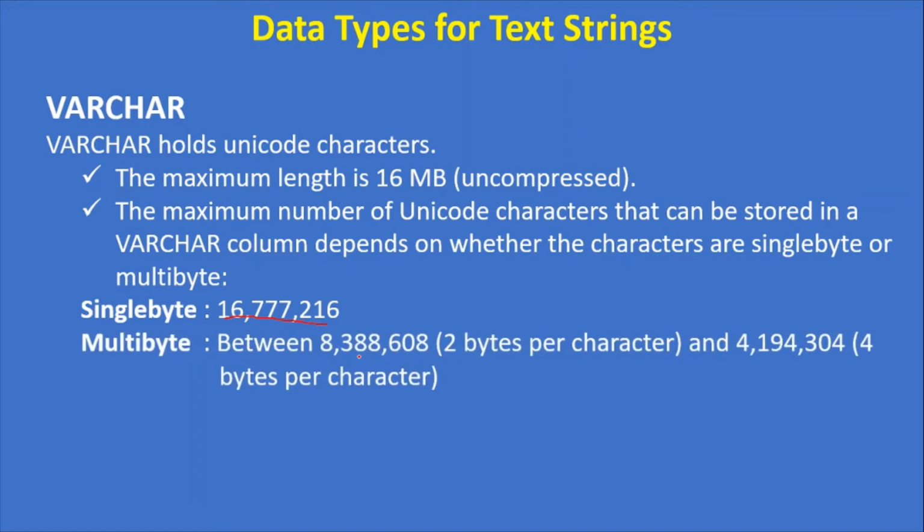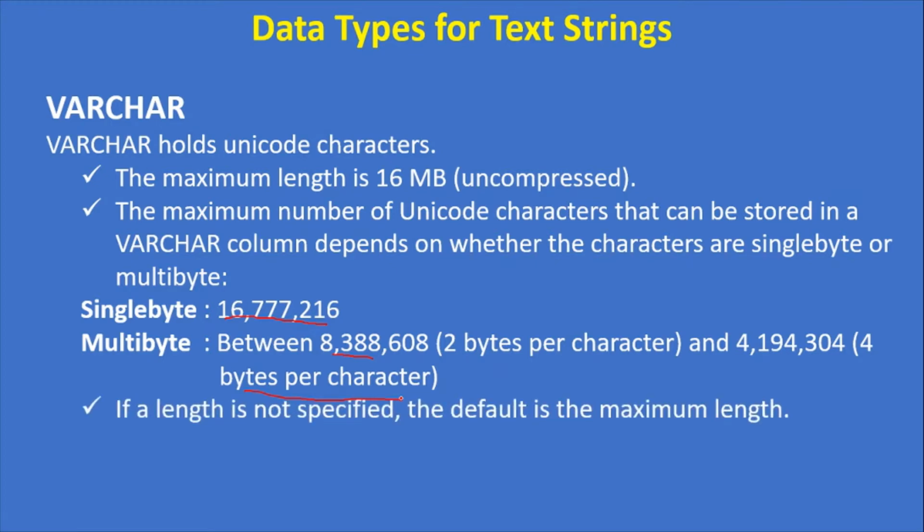Multi-byte is between 8388608 for 2 bytes per character and 4194304 for 4 bytes per character. If a length is not specified, the default is the maximum length based on whether single byte or multi-byte.